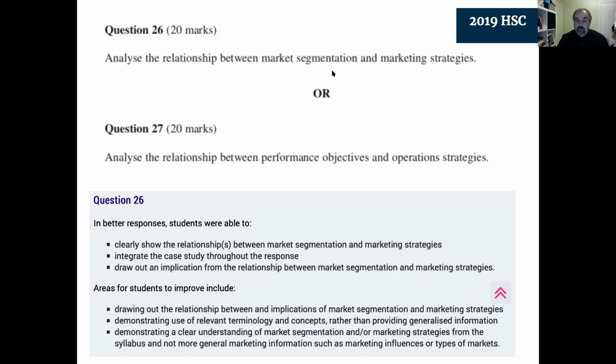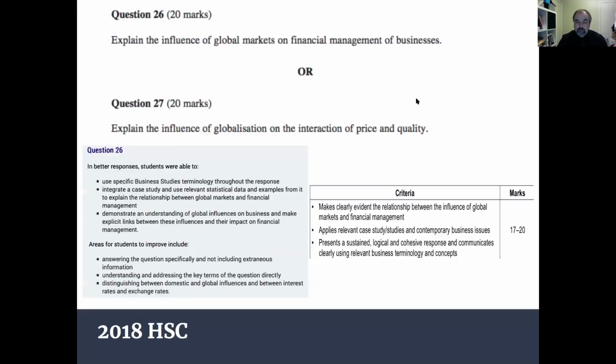If you're a student that just maybe knew what segmentation is and gave an example, talked about a couple of strategies, okay, you're probably in that C range, that 9 to 12 range. If you've made no connection, you're not going to get more than 13, okay? So the connection puts you into the 14, 15, 16 range, that B range, and then obviously that drawing out significant implication and case study will put you into that A range.